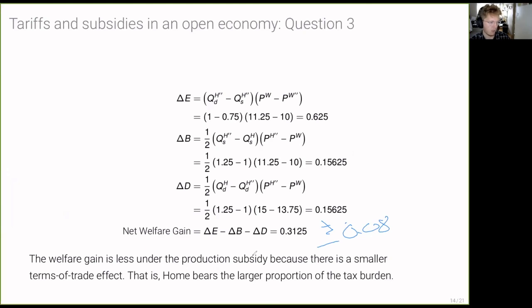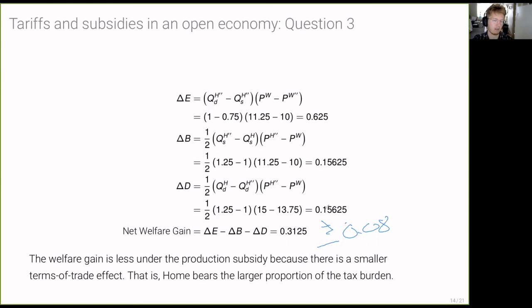And so you can note that our economy as a whole, from Home's perspective, would be better off with the application of a tariff than a subsidy. Why is that the case? Well, as I said earlier, the tariff reduces import demand more, and so it reduces the world price more.